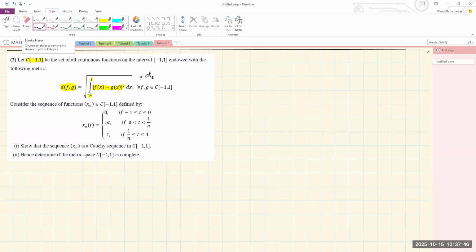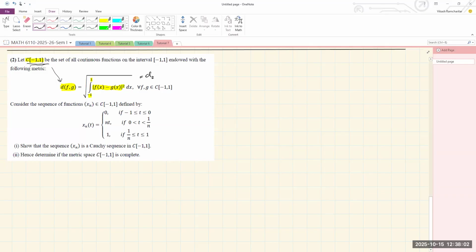And essentially what this question is going to try to show is that this space, the space of all continuous functions on this particular interval, equipped with this metric, is not a complete metric space.